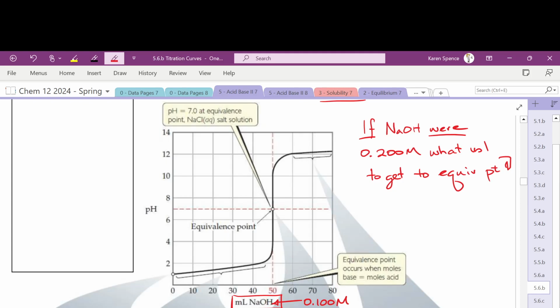That's supposed to be a question mark. I'm going to fix that so it looks like a question mark. So chat with your neighbor about that. The graph shows what happens if the NaOH is 0.1 molar. We want to know what happens if we were to change it to 0.2 molar. What would happen to that graph?